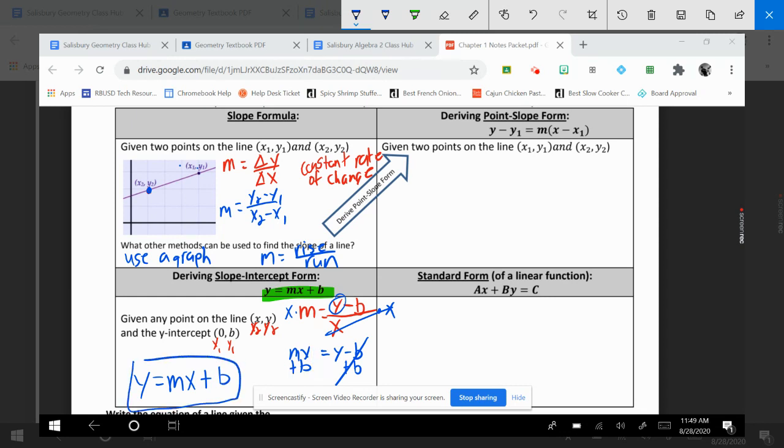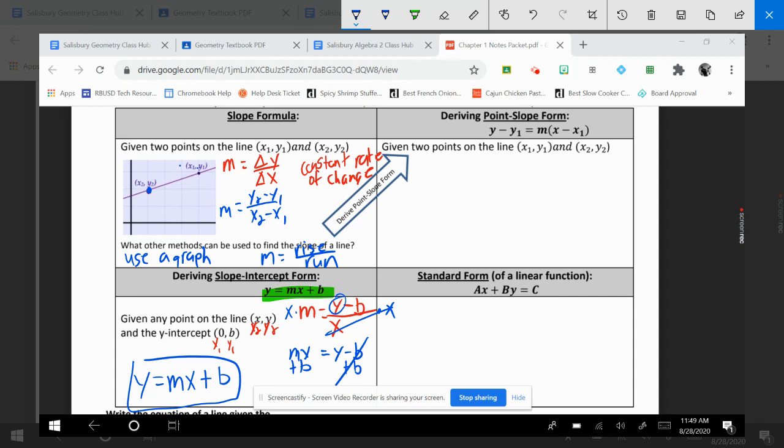So this actually comes from the slope formula. We're all familiar with slope intercept form, but it actually derives from slope. You probably didn't realize how much slope has to do with all this stuff. You talked a lot in geometry about finding slopes of parallel and perpendicular lines. But now we're really going deep.